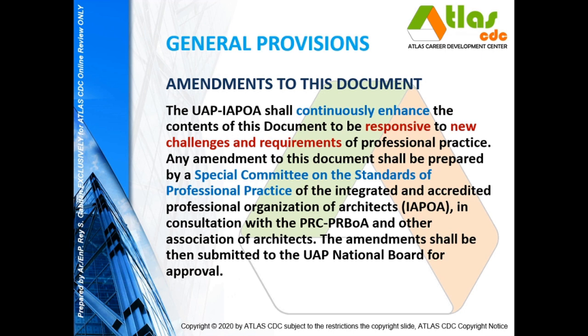Any amendment to this document shall be prepared by a special committee on the standards of professional practice of the Integrated and Accredited Professional Organization of Architects, or the IAPOA, in consultation with the PRC-PRBOA and other associations of architects. The amendments shall then be submitted to the UAP National Board for approval.